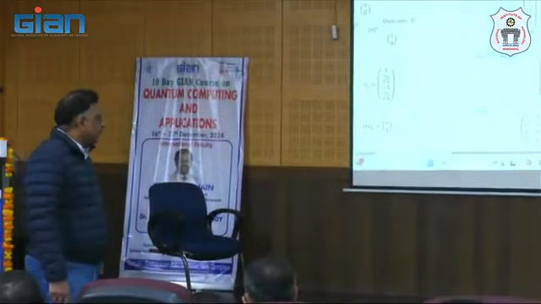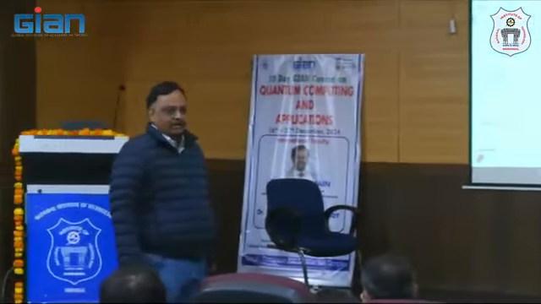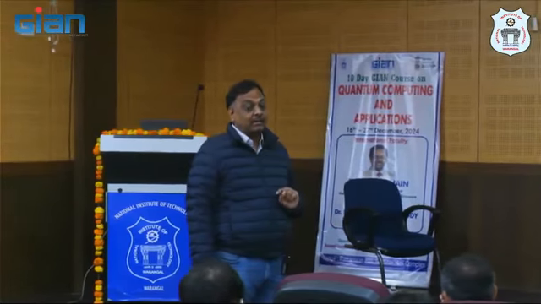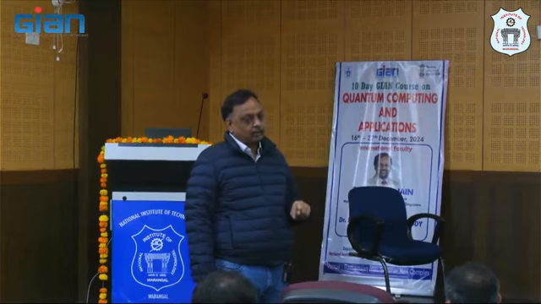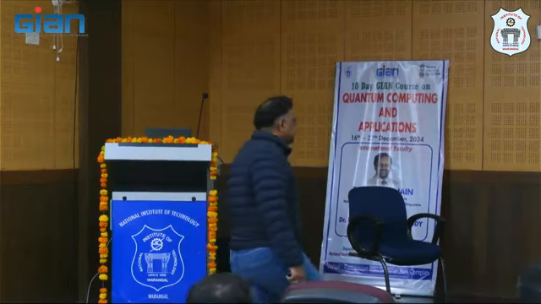Square of the matrix is identity. Oh, square of the matrix is identity. No, not the square. U times U dagger is identity, not the square.